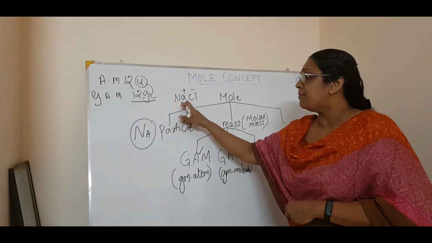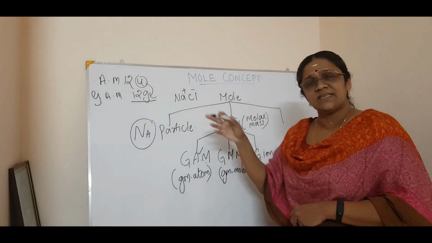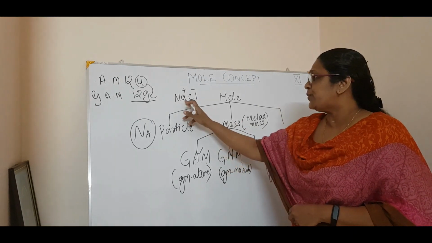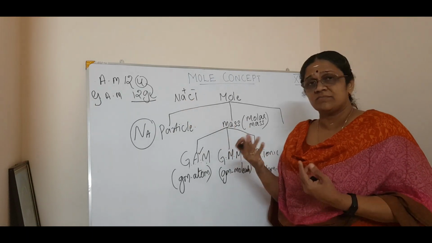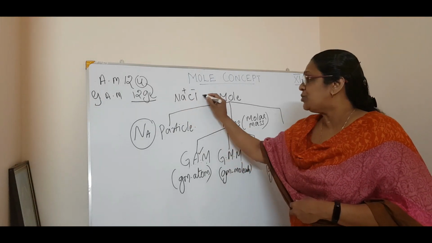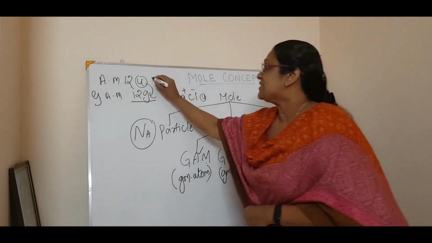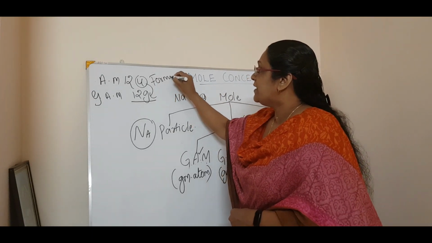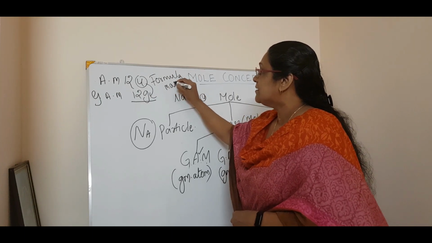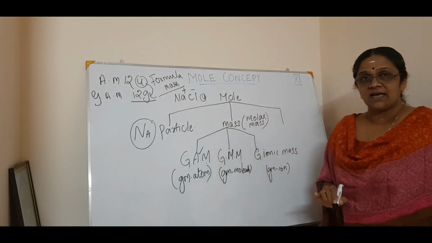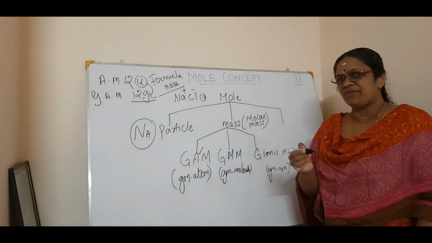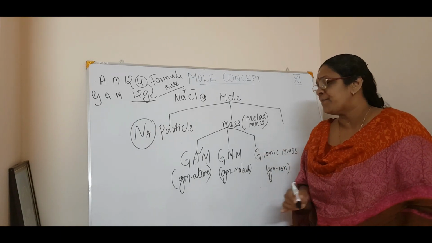How will you calculate the mass of Na plus and Cl minus? Same as molecular mass, that is 23 plus 35.5. That much U. Just for ionic, you say formula mass. Only the name is different. Last session we studied molecular mass. We have done the homework, I think, right?